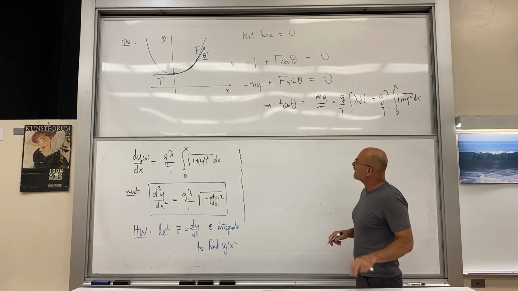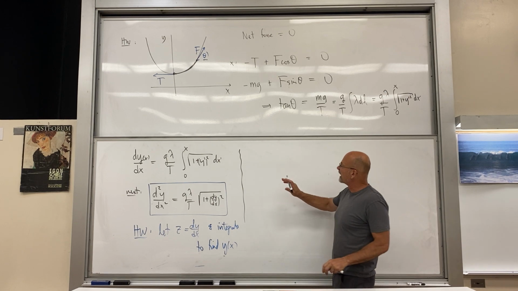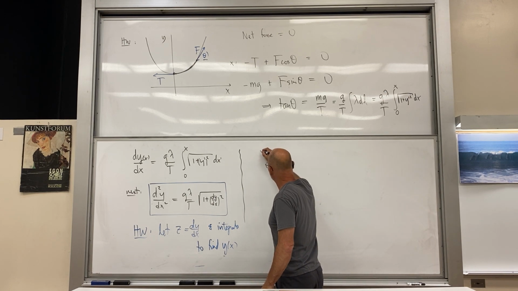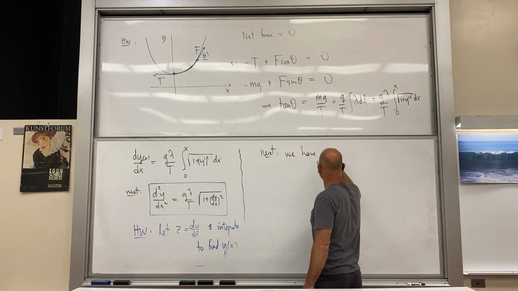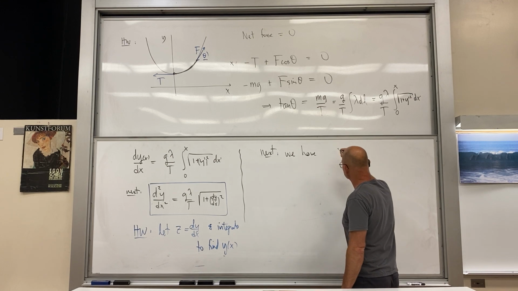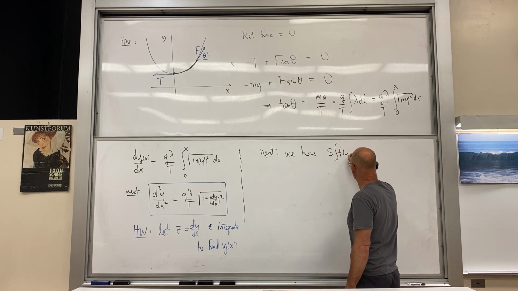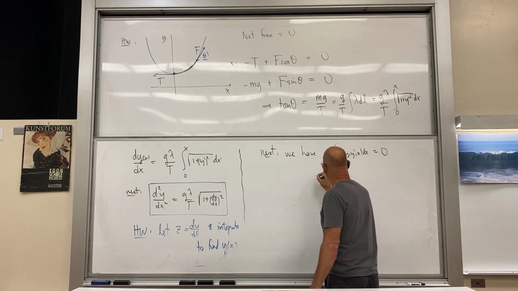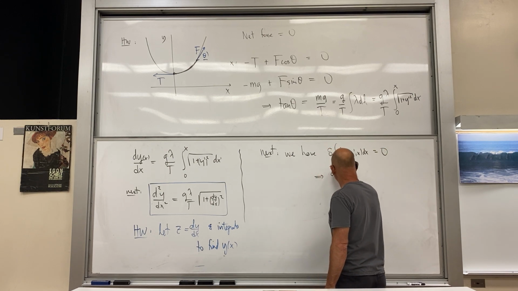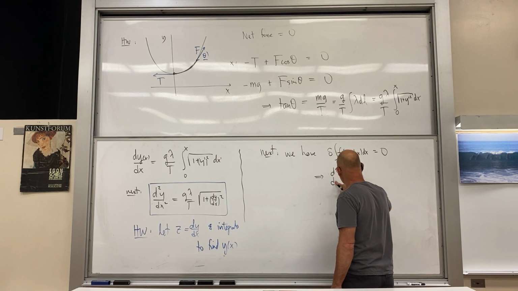Very important is that this variational calculus that we had, so I'll go ahead right next. We have the variation of the integral of f(y, y prime, x) dx equals 0 implies the Euler-Lagrange equation.